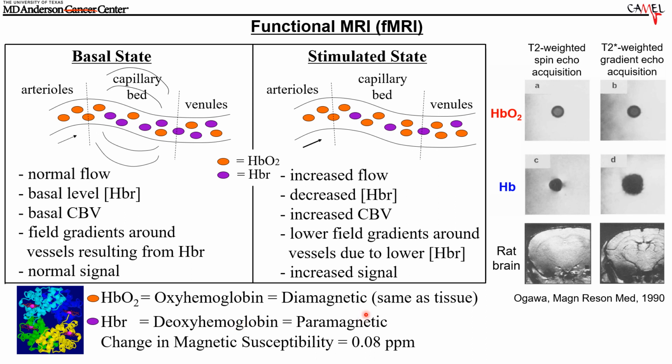It's paramagnetic, and therefore it messes up the magnetic field basically around that area. So this area has less mess up of the magnetic field and you get more stronger signal. Here you've got more deoxyhemoglobin, so you have more of the magnetic field being messed up here as shown by these lines. Therefore you get less signal.